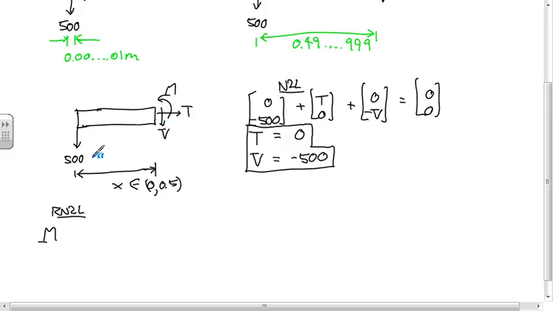It has a moment arm of x, and it's going to cause a clockwise rotation around the about point. So that's negative, so minus Vx is equal to 0. So we solve for M. M is the bending moment. And you get M is equal to Vx, which is negative 500x.